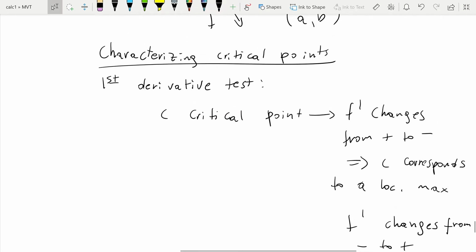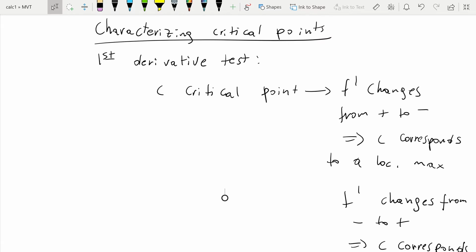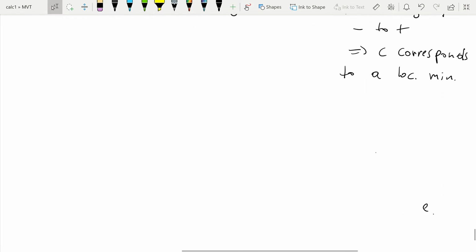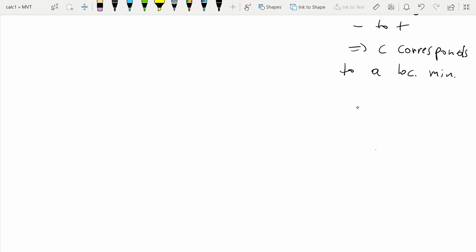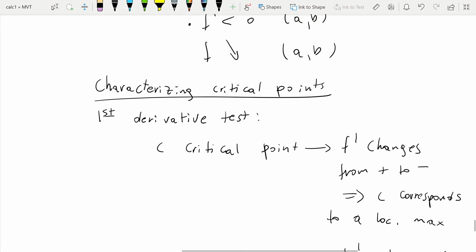And that's the first derivative test. It allows you to look at a critical point and the sign of f prime on both sides of the critical point, and it tells you whether that point corresponds to a local max, local min, or neither. Okay, that's the information we can draw from the first derivative.